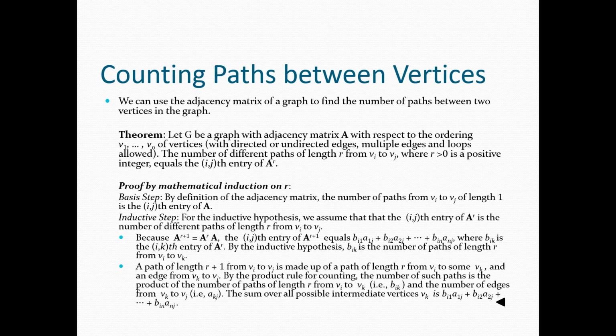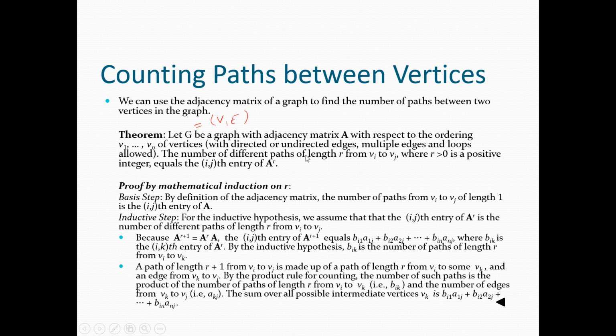Okay, next, how can we count paths between vertices? This is very interesting. Let G be a graph, of course, whenever we say G be a graph, this is actually the set of vertices and set of edges. Let G be a graph with adjacency matrix A, and we know how to find the adjacency matrix with respect to ordering V1, V2 to Vn of vertices with directed or undirected edges, multiple edges and loops, everything is allowed.